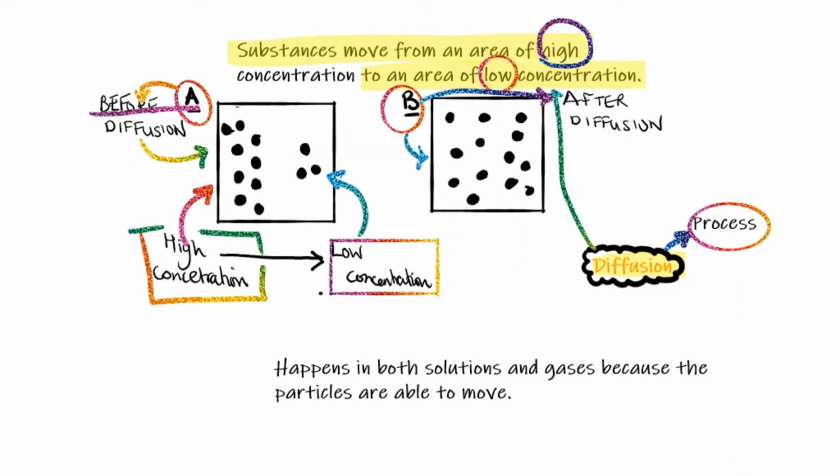After diffusion, the particles have moved from an area of high concentration to an area of low concentration and now are spread out. Diffusion can happen in both solutions and gases. The reason for this is that the particles are able to move.